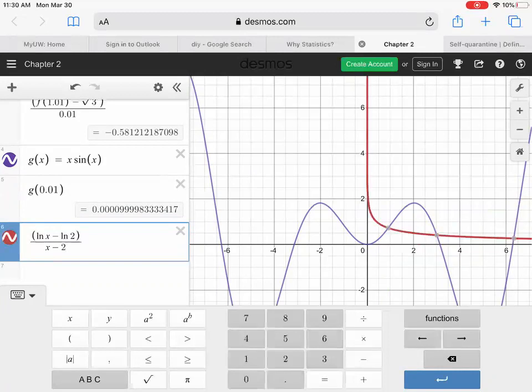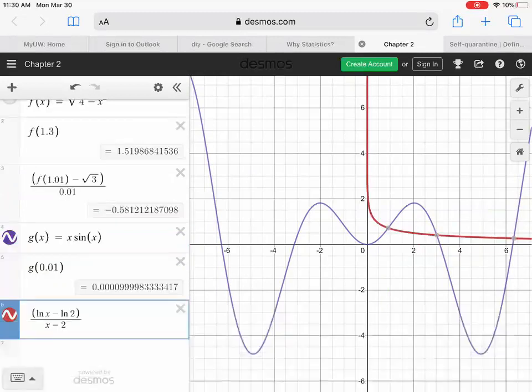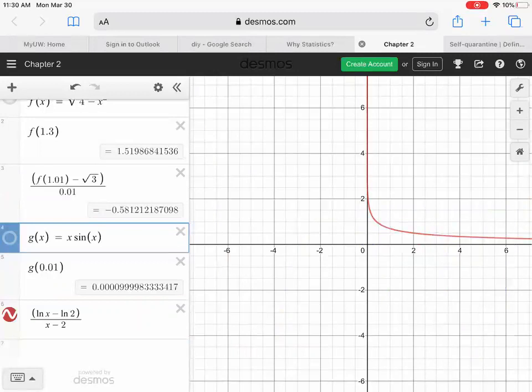Okay, so this is the graph of this function. And you see right away that when x goes to 2 from the left, the function is decreasing down to 0.5, and when x goes to 2 from the right, the function is increasing up to 0.5, and they meet at 0.5, even though the function value when x equals 2 is undefined.